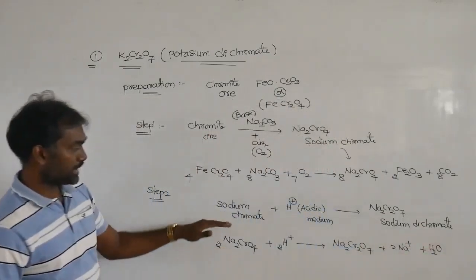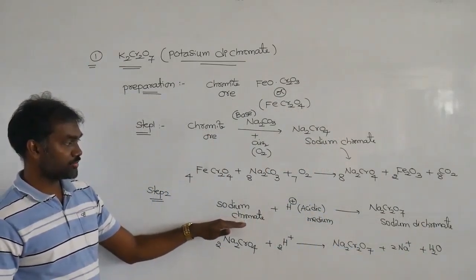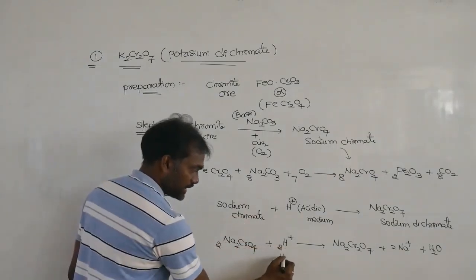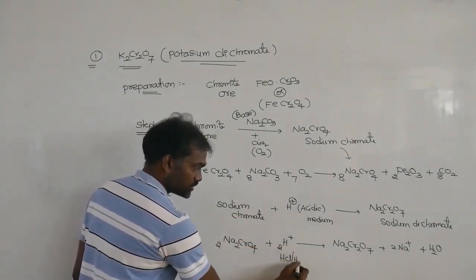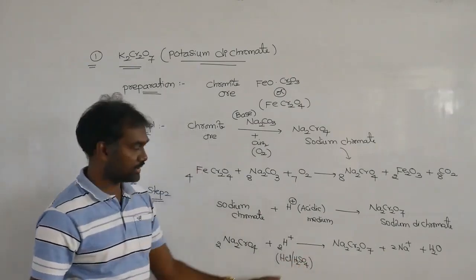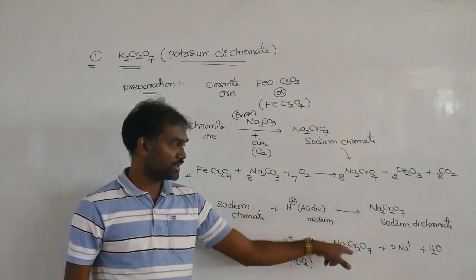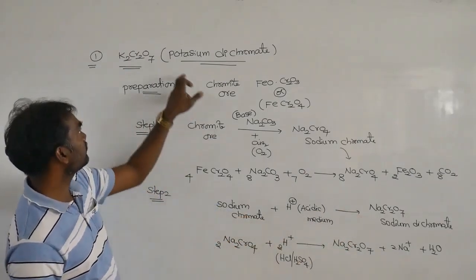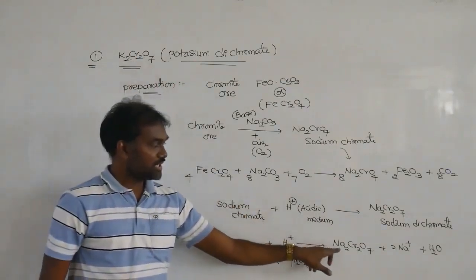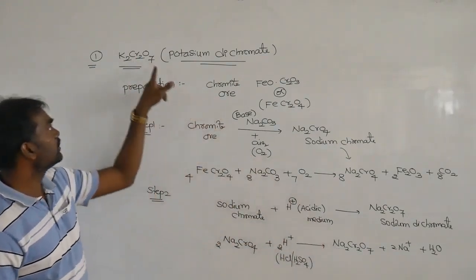So here you write down the matter. The above sodium chromate is treated with acidic medium. Here you can take either HCl or H2SO4, any acid you can take. So you are getting sodium dichromate. But actually what do we want? Potassium dichromate. So instead of sodium, you convert it into potassium.